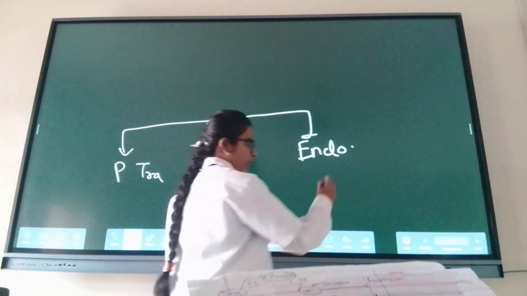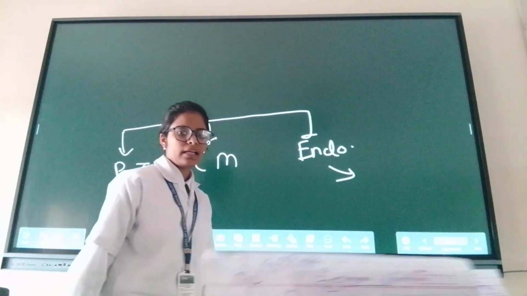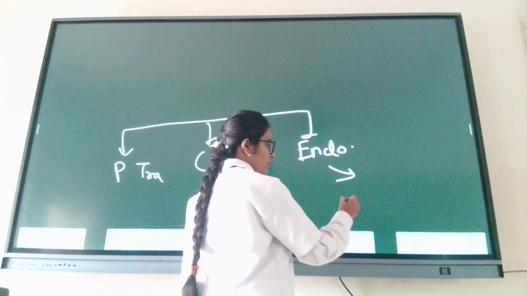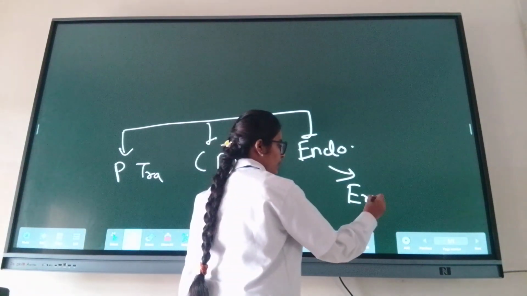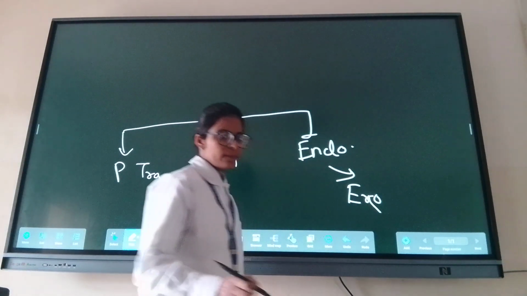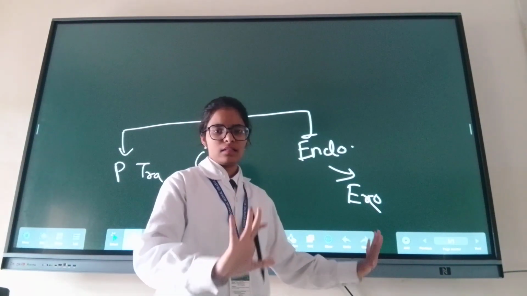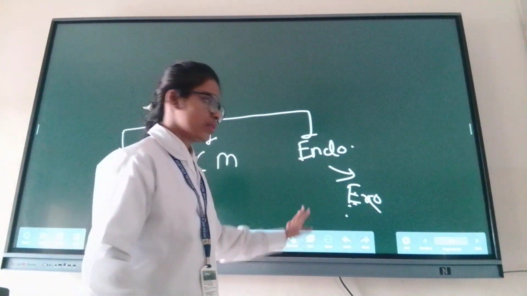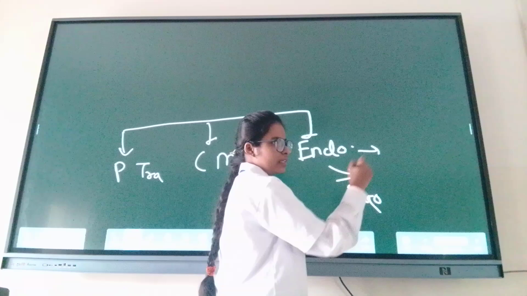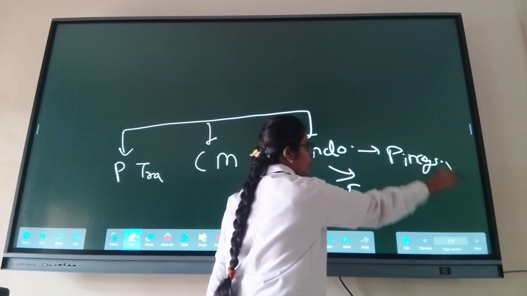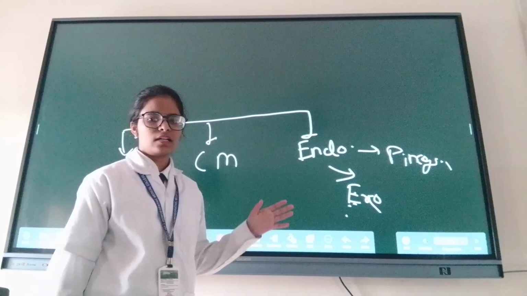Endocytosis means to engulf the cell. And there is the opposite process, exocytosis, which means it first engulfs the cell and then releases it. This is endocytosis and exocytosis. In amoeba it is also called pinocytosis. It happens in amoeba also.